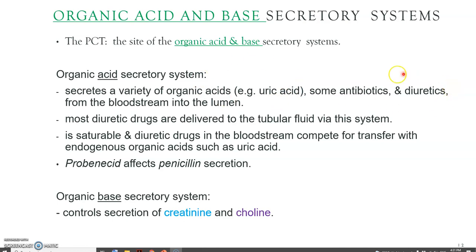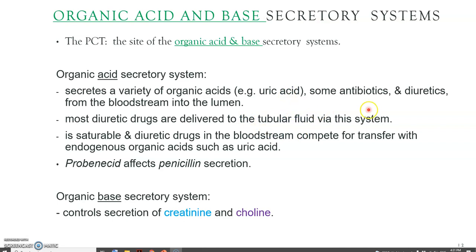Also it secretes some antibiotics and also secretes diuretics from the bloodstream into the lumen. This lumen will lead to urine, which is going to finally be excreted out from the urethra. And most diuretic drugs will be delivered to the tubular fluid via this system.